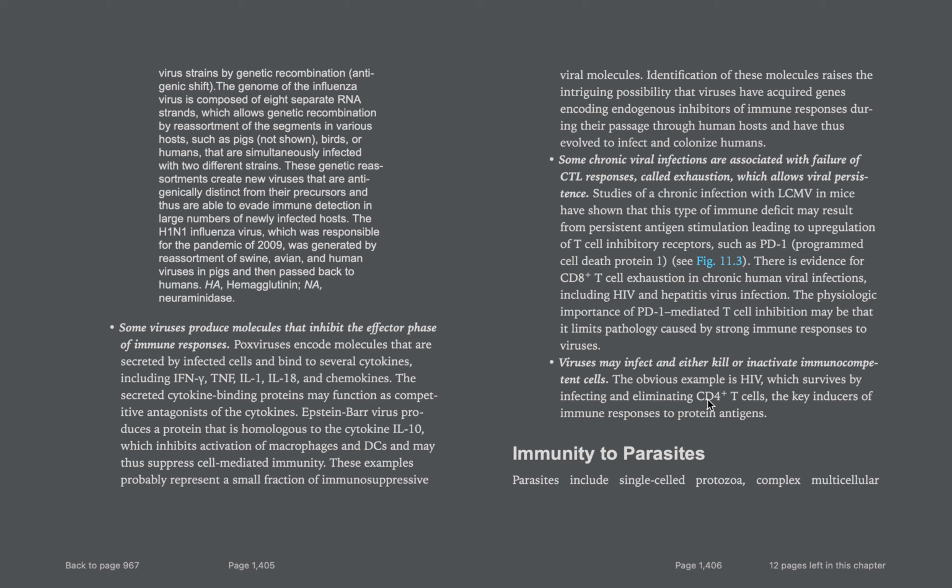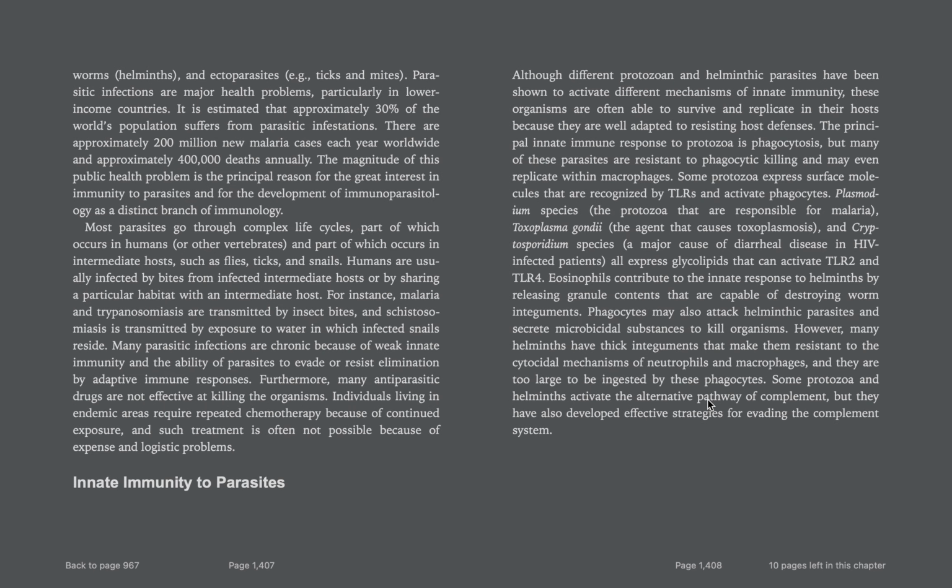Immunity to parasites. Parasites include single-celled protozoa, complex multicellular worms, helminths, and ectoparasites, e.g., ticks and mites. Parasitic infections are major health problems, particularly in low-income countries. It is estimated that approximately 30% of the world population suffers from parasitic infection.